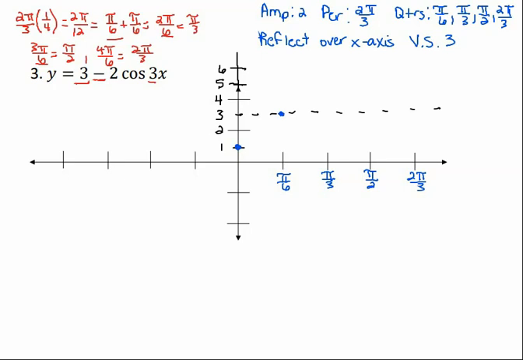And then we're going to go 2 spaces higher up, so we're going to go up to 5 and put our point. Then we go back to our imaginary 0, which is at 3. Then we would end up back down at 1. All right, and this is what our cosine curve looks like with these changes or these modifications.